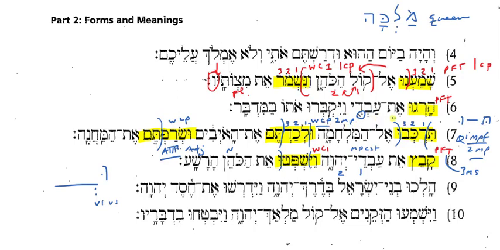Avdi. Okay? If it were plural servants, I'd have a pathak yod. Okay? Now, so they slew, killed my servant, and then the next verb form is va yik baru.